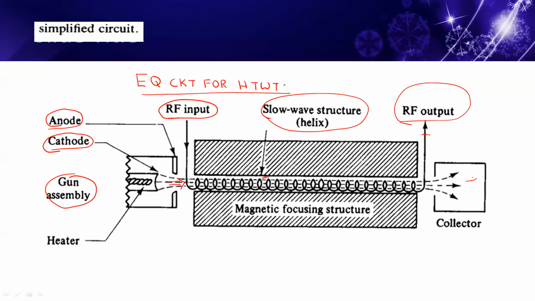Finally, it will be collected at the collector terminal. How this amplification is done will be explained step by step in the next slide. In between we have the magnetic focusing structure. Here we have an axial electric field, the field associated with the electrons in this traveling wave tube.